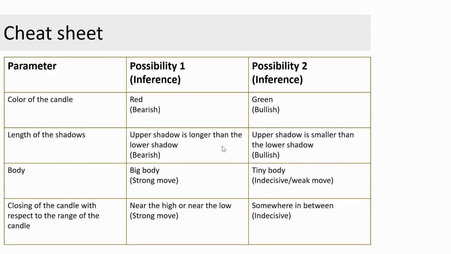So here, let's say the whole range of the candle can be divided into three parts: high, low, and mid. If it is closing somewhere near the mid, this is an indecisive move. If it is closing near the high or the low, then we can have a bullish or a bearish bias. Okay, let me give you an example.